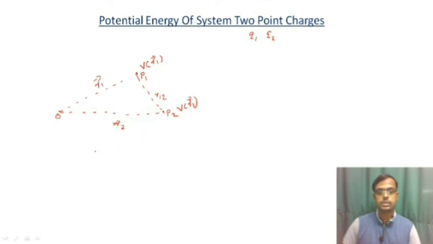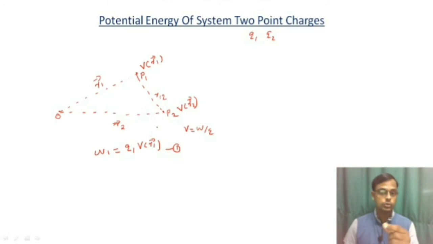W1 is equal to Q1 into the potential. The basic formula you already know, V is equal to W divided by Q, so W is equal to VQ. What is the potential at the point P1? That you can write as V of R1 vector. So we got the first work here.